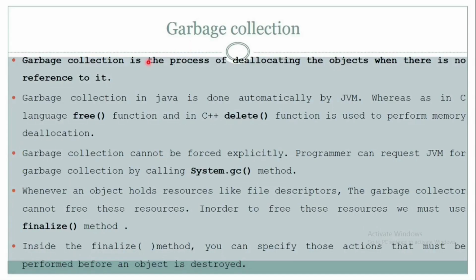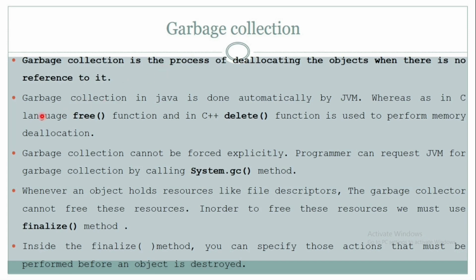Garbage collection. Garbage collection is a process of deallocating the object when there is no reference to it. When there is no reference to an object, it is an unreferenced object. For example, suppose you assign null to an object, so it is an unreferenced object. Such an unreferenced object, the Java virtual machine will automatically deallocate the memory allocated to it.